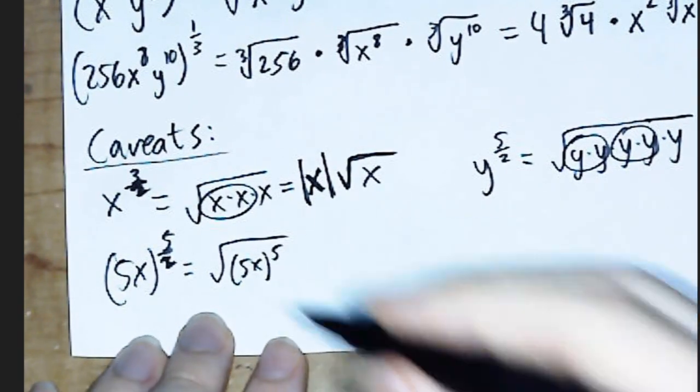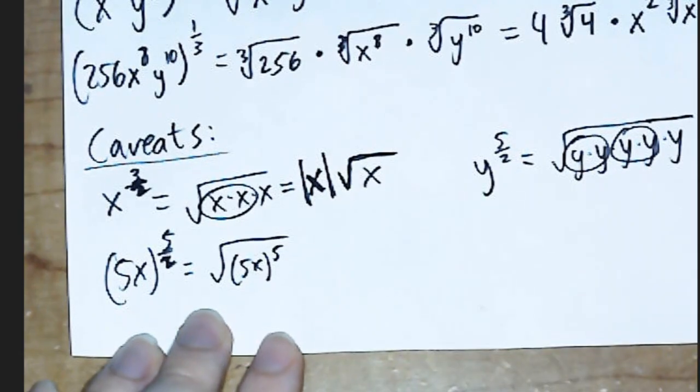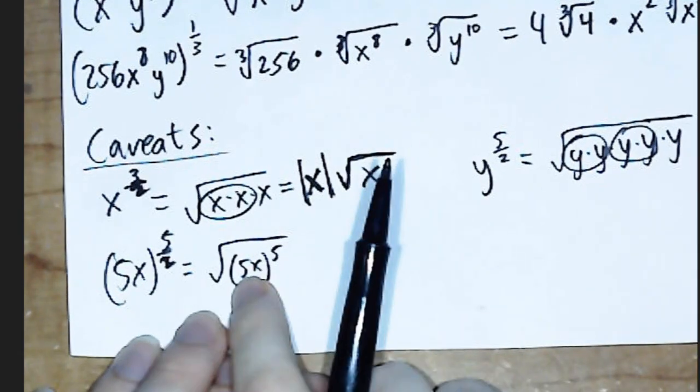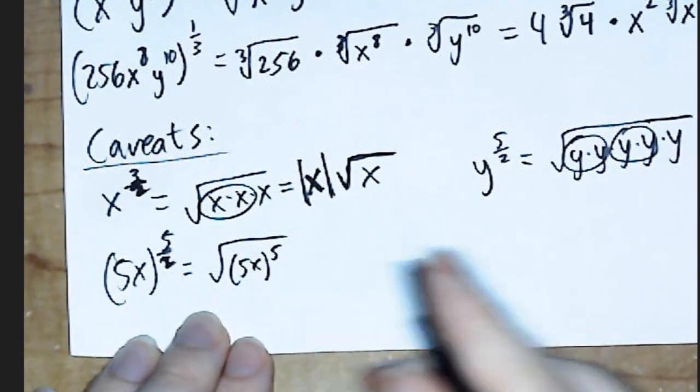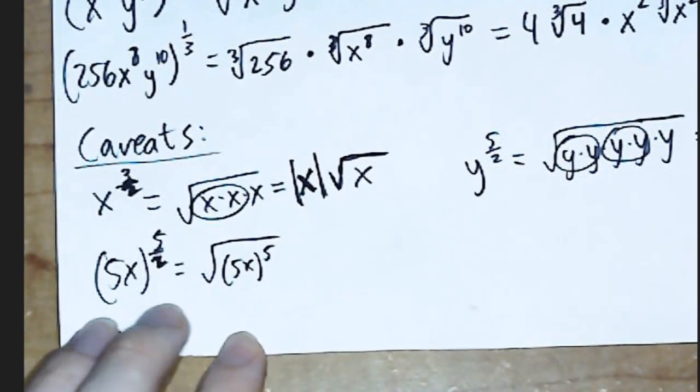Now because all of it is being raised to the 5th power, we have to be very careful. We could do 5 to the 5th and write that all out and then take the square root of that. That's really, really long though.